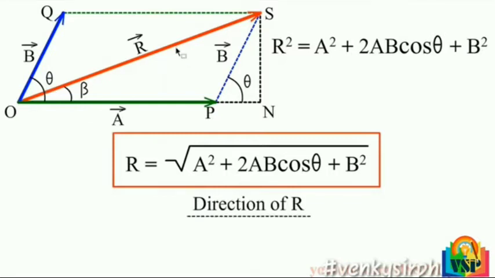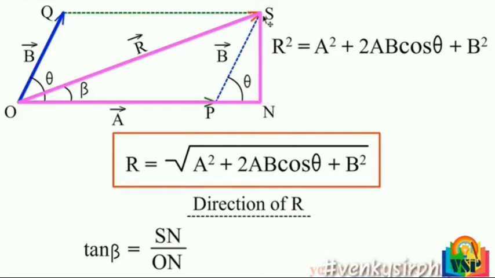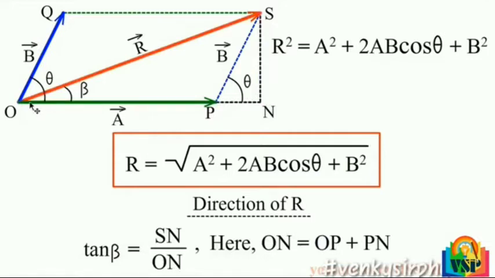Direction of R. From the right angle triangle, tan beta is equal to SN by ON. Here ON is equal to OP plus PN.